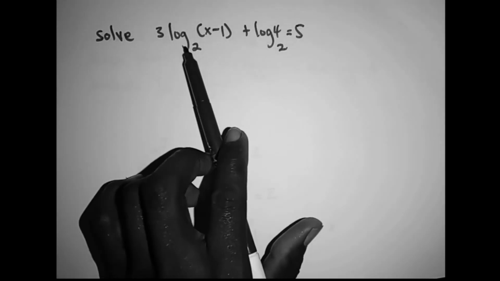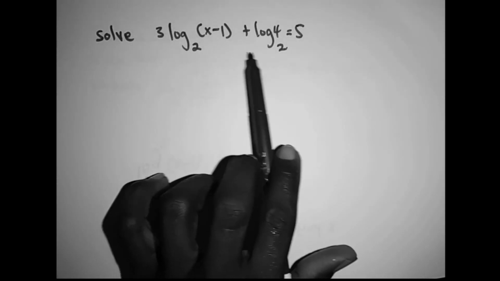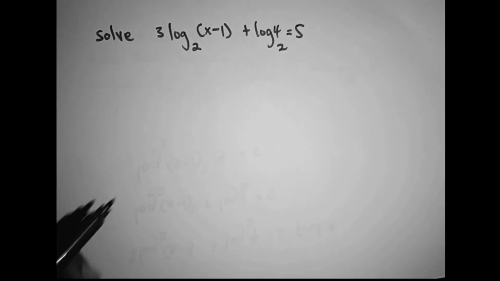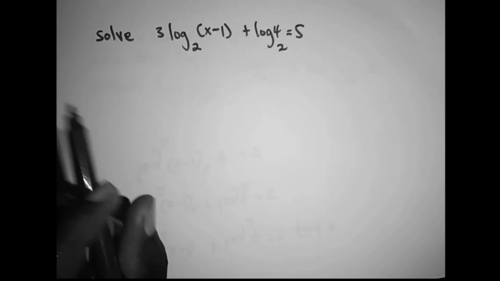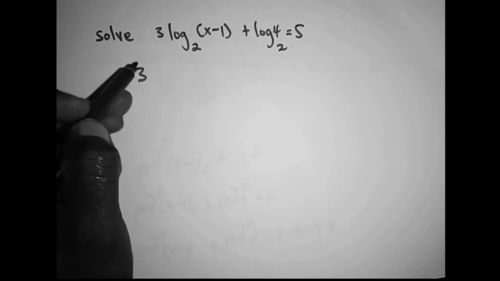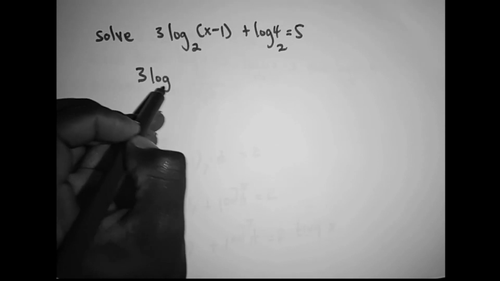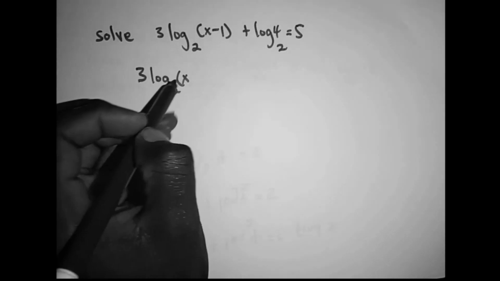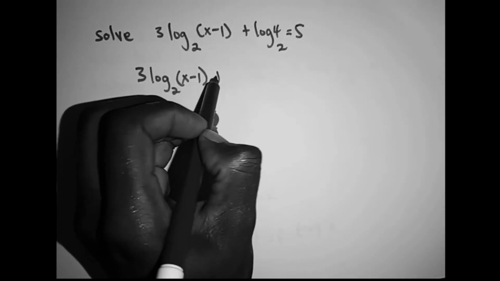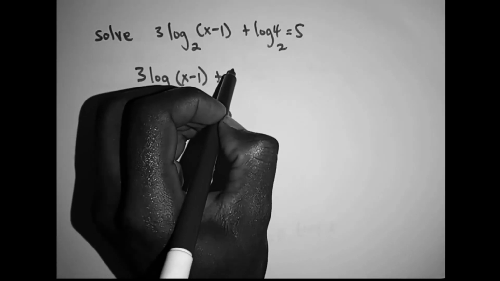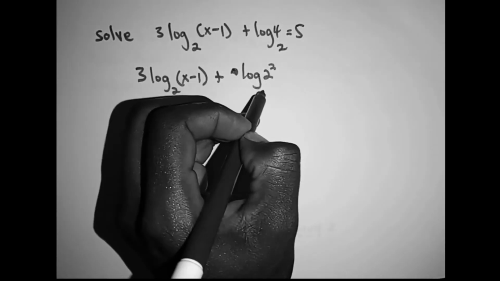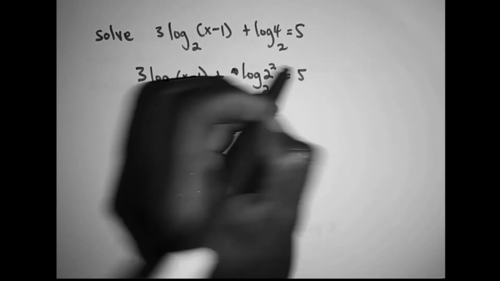So solve 3 log (x minus 1) base 2 plus log 4 base 2 equals 5. So what we will do is that this is equal to 3 log base 2 of (x minus 1), then plus 4 can be written as log 2 exponent 2 base 2, equals 5.